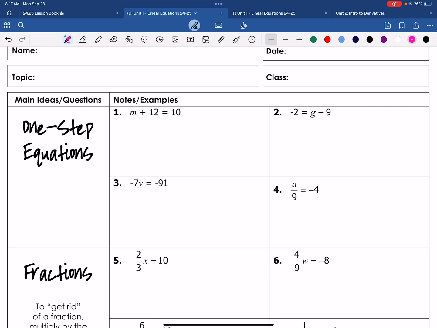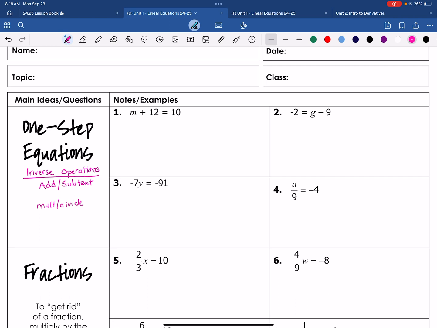So we know our inverse operations are add and subtract, those two pair together, and then multiply and divide. And again, these operations undo each other.